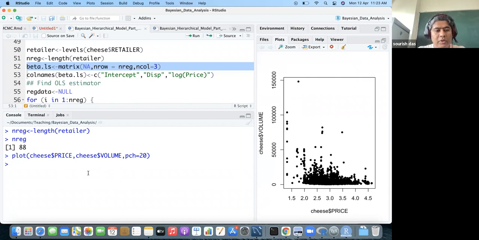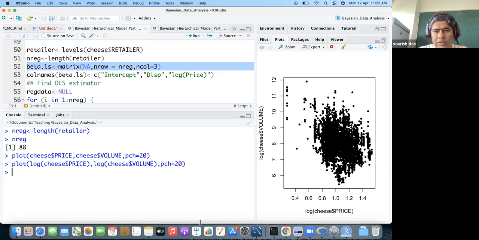Now, in this way, I'm just plotting the price on the x-axis and volume on the y-axis. Now, instead of that, if I say price in the log scale and volume in the log scale, you can see now there is some sort of negative behavior.